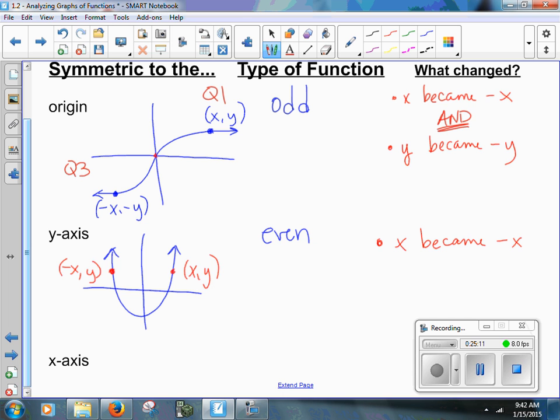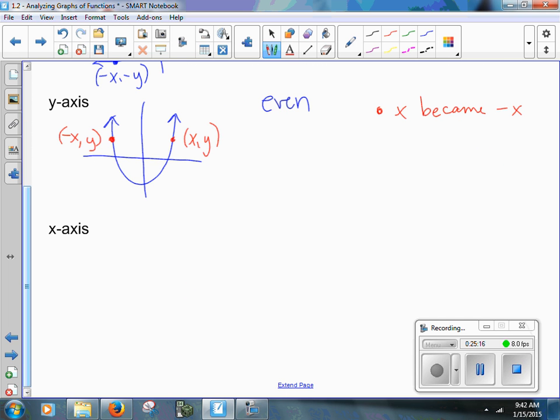And then we got to the x-axis. The x-axis is neither even nor odd, so we'll just put neither. It's a neither case. It's not even, it's not odd. The picture is going to look like this. What do you think if a function is symmetric with respect to the x-axis, what could it look like? A sideways parabola, absolutely.